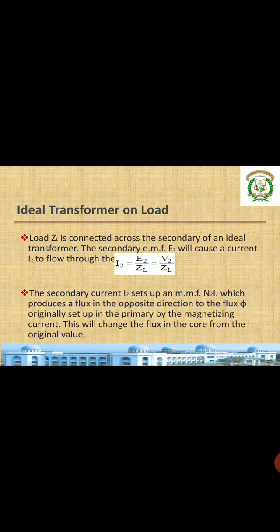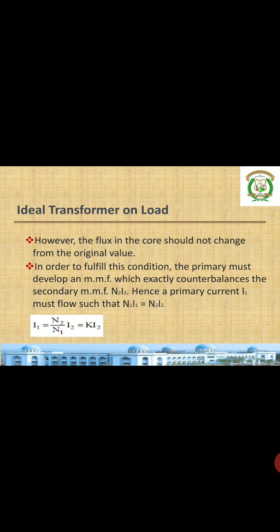This will change the flux in the core from the original value because of the MMF set by N2 I2, which is opposite to the direction of the original flux. But the flux of the core should not change from the original value.